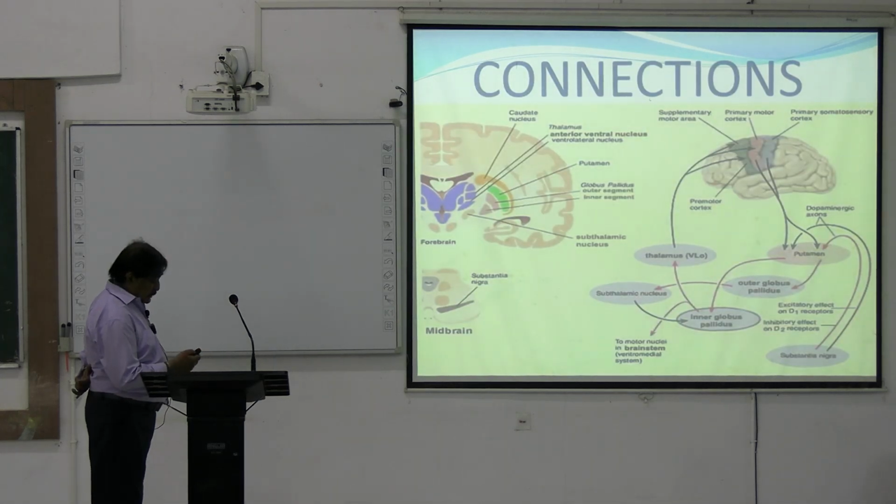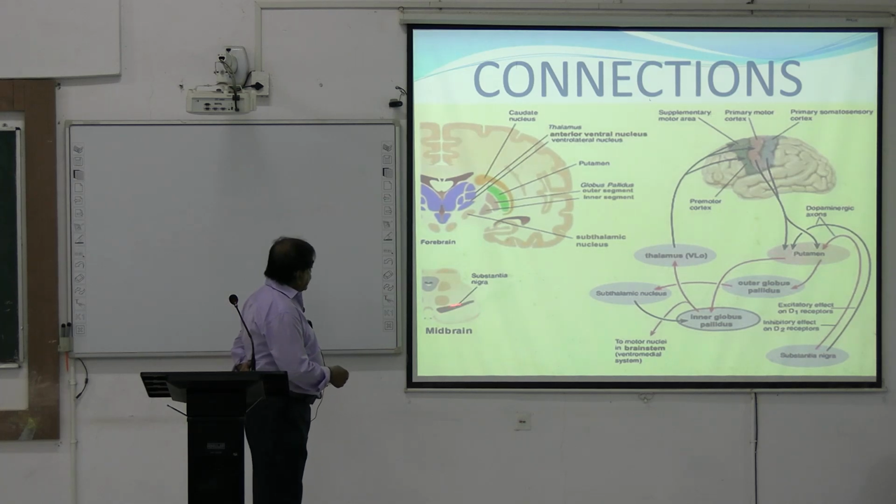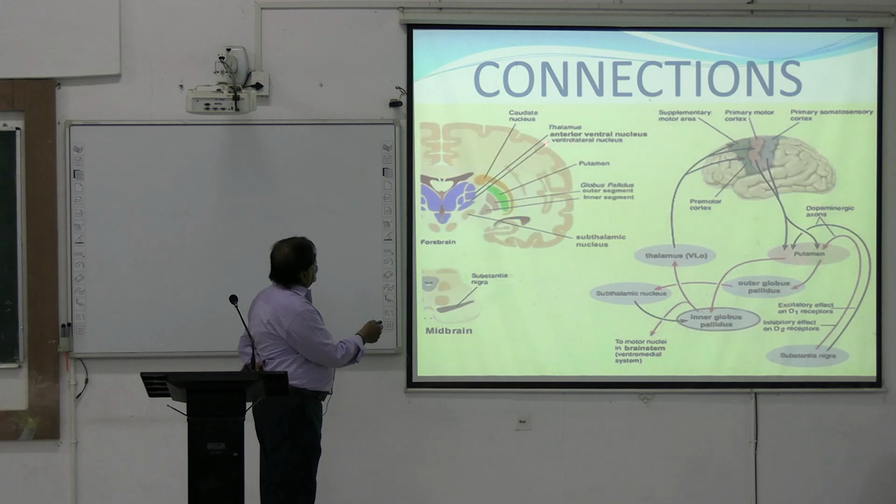Now connections. You can see this is substantia nigra, midbrain. This is the forebrain. This is the caudate nucleus, the thalamus, anterior ventral nucleus and ventrolateral nucleus. Putamen in green, globus pallidus outer segment, and this is the inner segment.